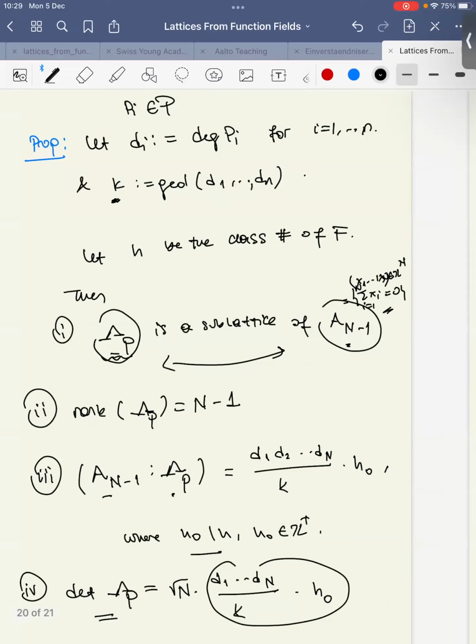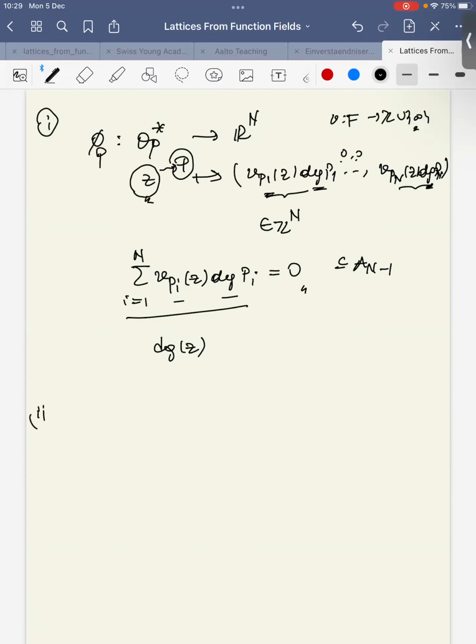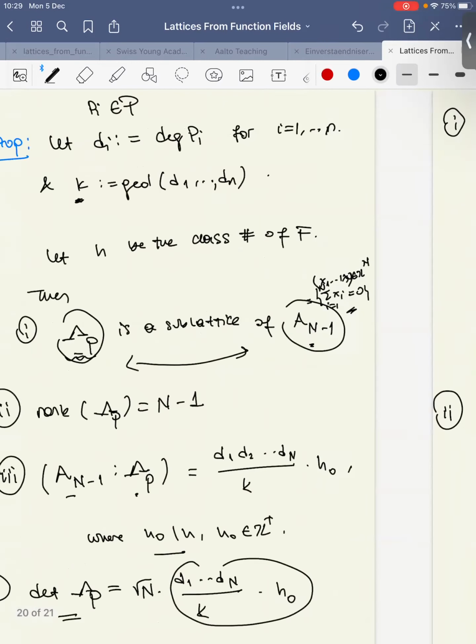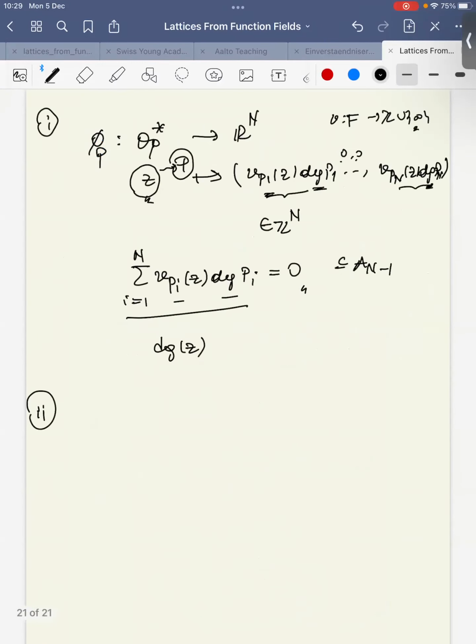To see that, as I mentioned in the beginning of today's lecture, let me consider the divisor d_i p_1 minus d_1 p_i for i from 2 to n.